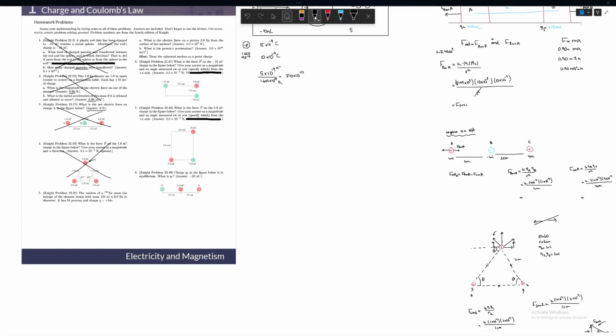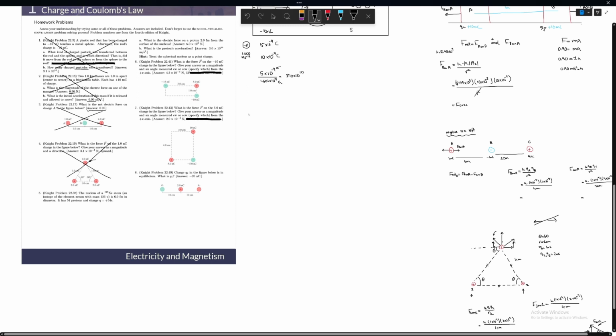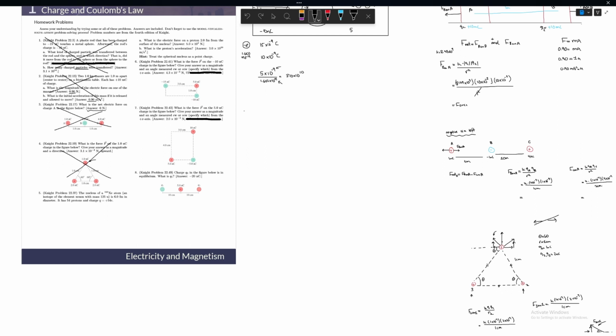Question. A nucleus of an isotope of the element xenon has mass, so we know the mass is 125. Always write your knowns right away. 125 U. What is that a type of measurement? I'm not really familiar with that.